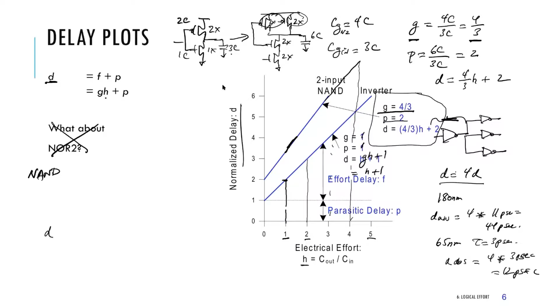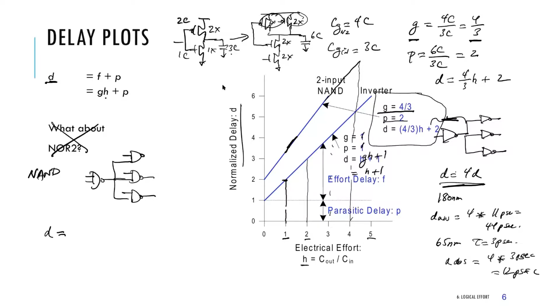Because we looked at driving 3 inverters, let's do the same thing for the NAND gate. So this would be a 2-input NAND gate driving 3 other NAND gates like itself.